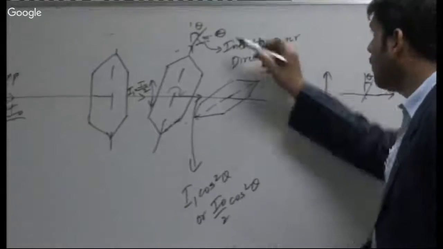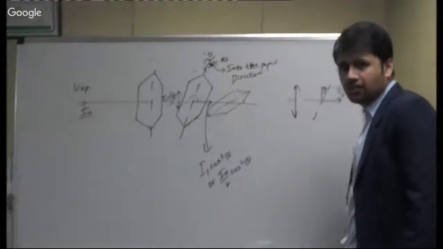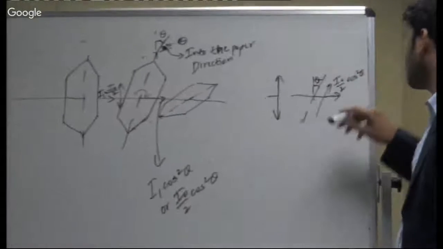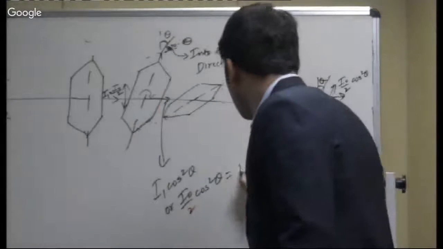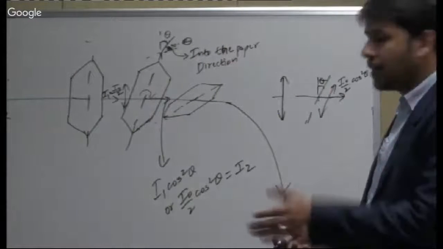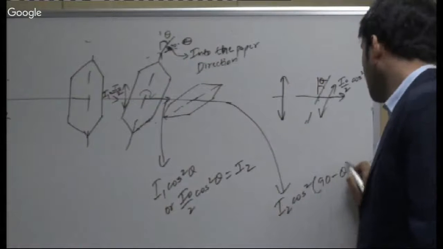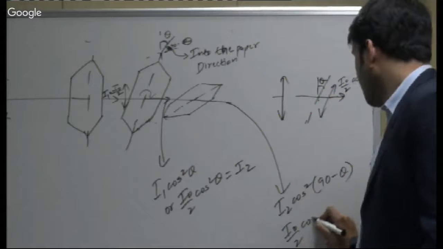Now for the third polaroid, the angle is 90 minus theta. The light here is at an angle like this, but the polaroid is into the plane, so the angle is 90 minus theta. Let's call the intensity here I2. For the third polaroid, the intensity that comes out would be I2 cos square of 90 minus theta, where I2 was I naught by 2 cos square theta.